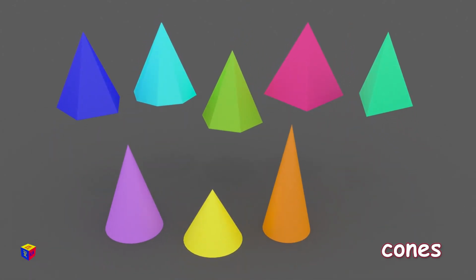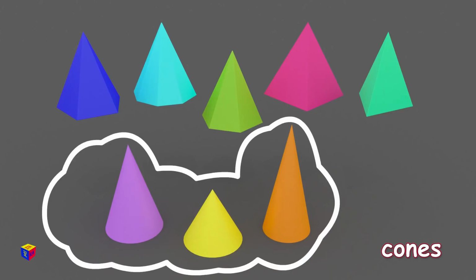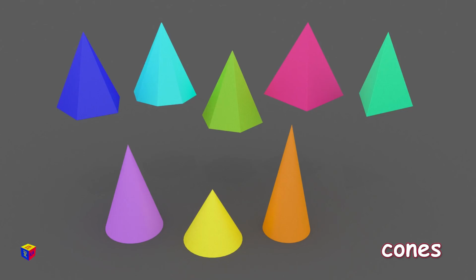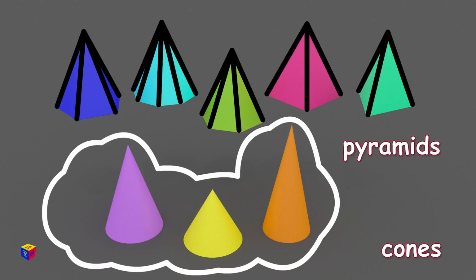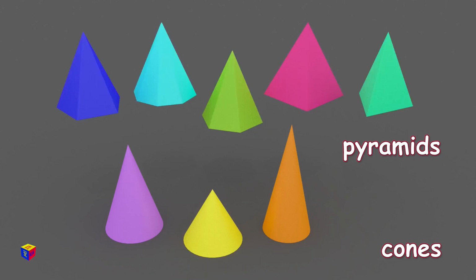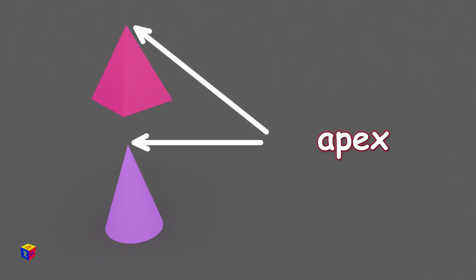Right, these shapes are cones. They can be distinguished also by their lateral area. A pyramid has edges, but the cone does not have them. But there is a similarity between these shapes. Both the cone and the pyramid have a base and an apex.